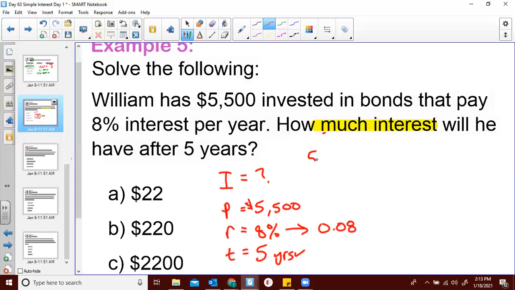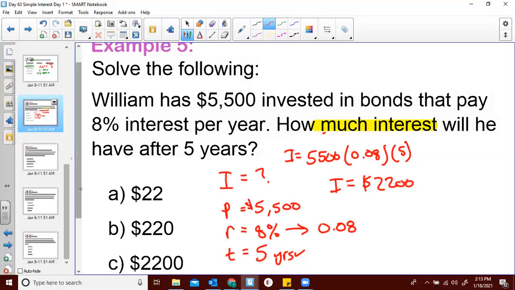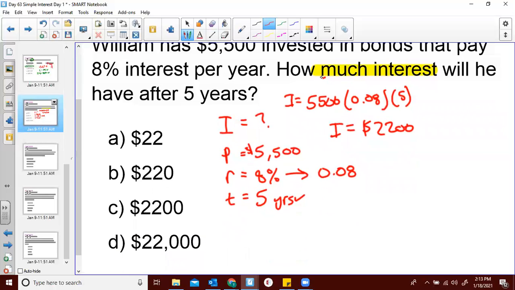All right, so we can just multiply 5,500 times 0.08 times 5, and what you'll get for your I will be $2,200. And that's just our interest. It asked how much interest, so we're just going to stop here at C.